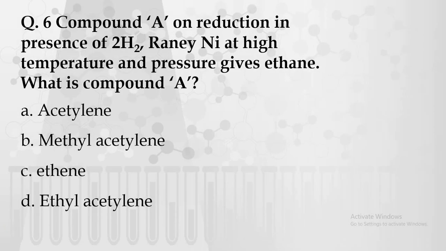Next question, compound A on reduction in presence of twice H2, Raney nickel at high temperature and pressure gives ethane. What is compound A? So here the reaction is nothing but the reduction reaction by using two molecules of hydrogen. Therefore, obviously it is the conversion of triple bond to single bond.